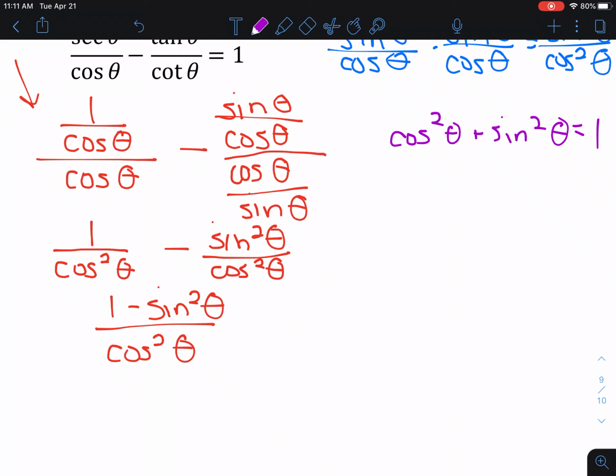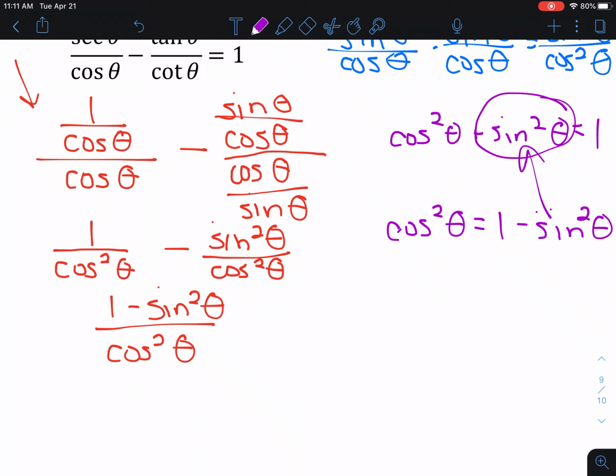So now if I subtract sine squared theta from both sides, I would end up with 1 minus sine squared theta is equal to cosine squared theta. I'm going to write that out. Again, just subtracting this from both sides, and that's what I'd end up with. So now we can see that that is right here.